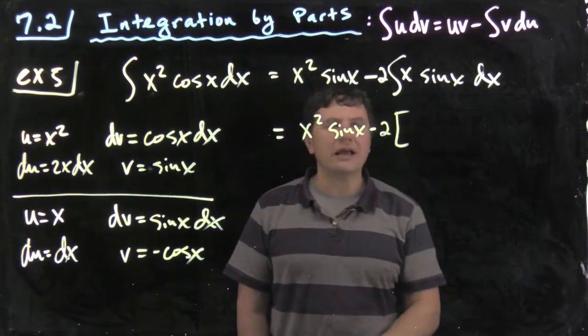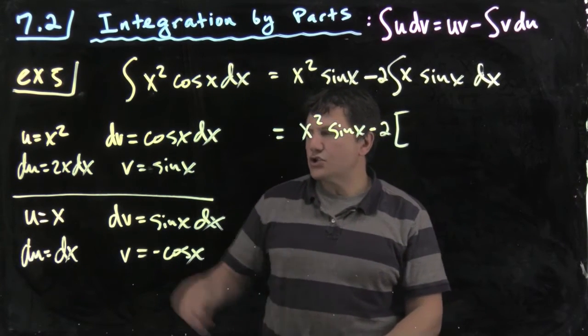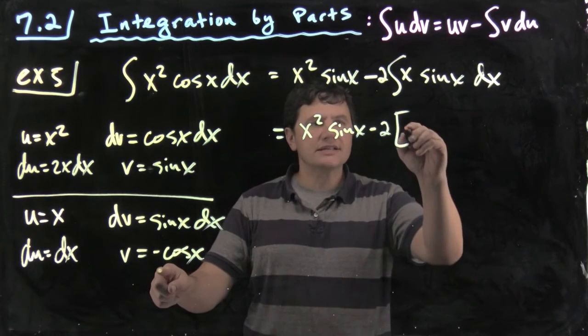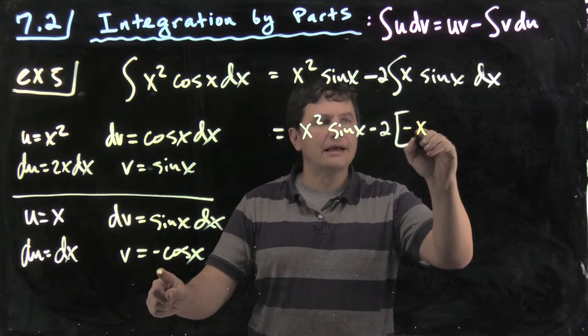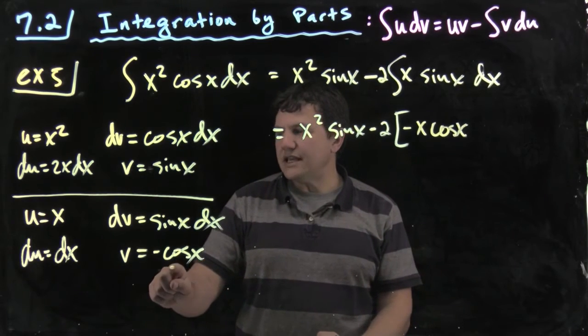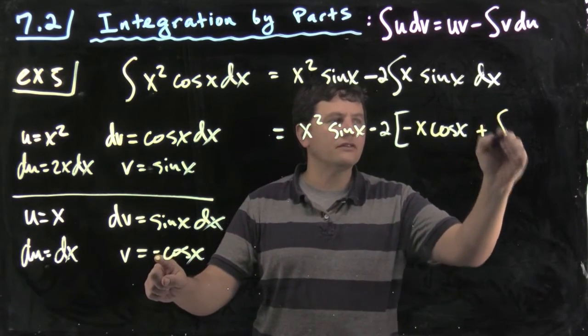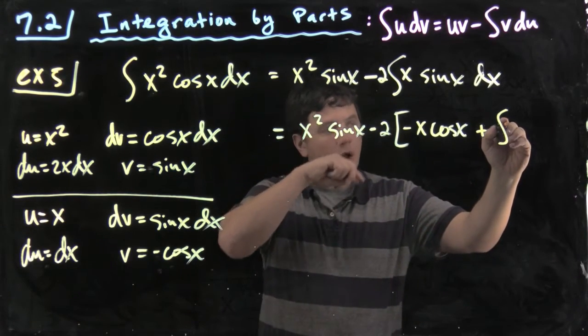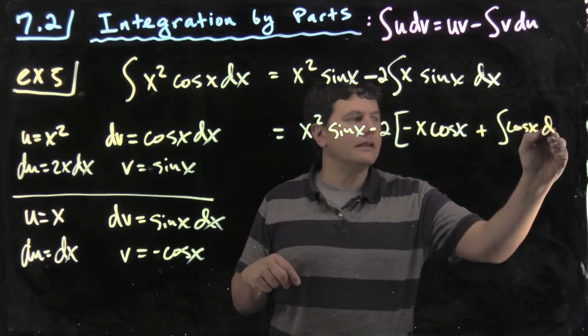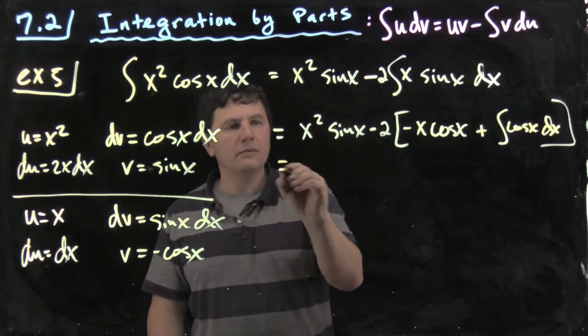And I would suggest bracketing this off because ultimately we've got to distribute that negative 2 through this. So uv, so that's going to give me negative x cosine x minus the integral of v du. So I'm subtracting that negative, so I'm going to make this plus the integral of cosine x dx and that bracket. Okay, now we're in business.